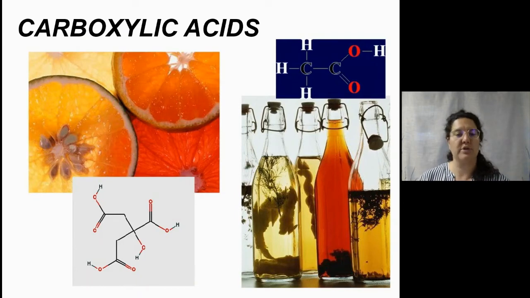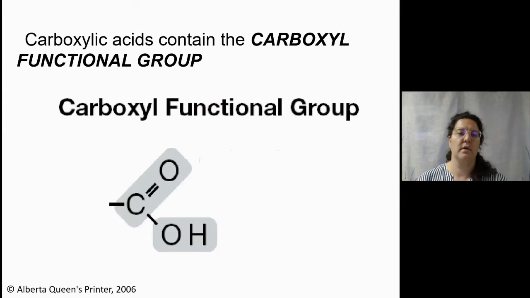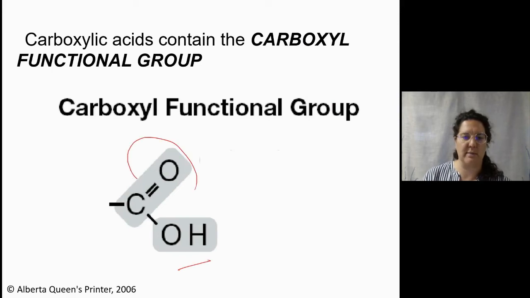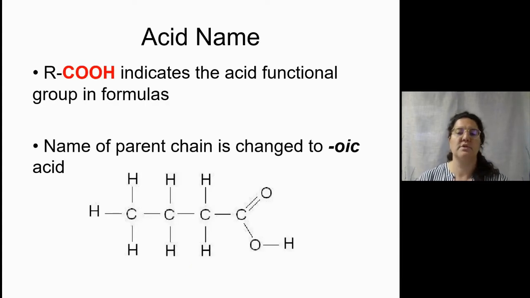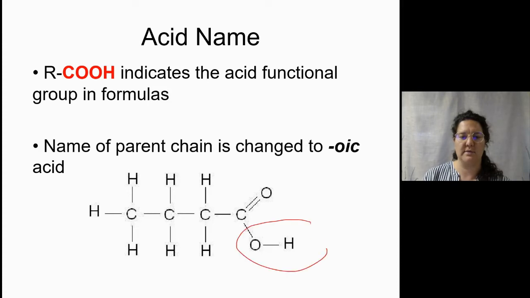The next compound we're going to talk about naming is carboxylic acids. So this is what a carboxyl functional group is. It has an alcohol onto the carbon as well as a double bonded oxygen. And again, the carboxyl functional group is given as an example in your data booklet. It could also be written as COOH, but again, it comes off when you're actually drawing it as an OH and then a double bonded oxygen.